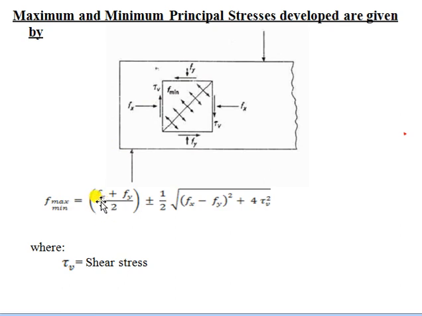So we have calculated f of x, that is 5. f of y is 0 because they have not given the value of vertical pre-stress. They have given an axial pre-stress, that is f of x, so f of x is equal to 5. So 5 by 2 plus or minus half into square root of 5 square plus 4 tau v square.